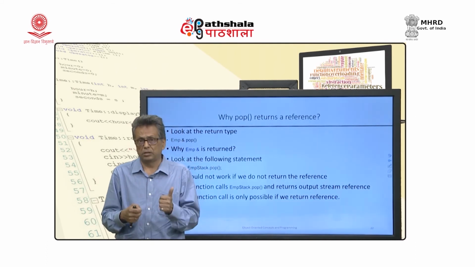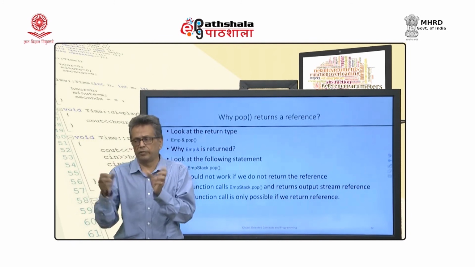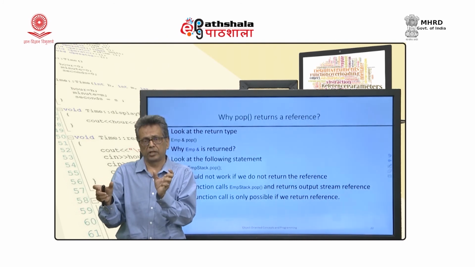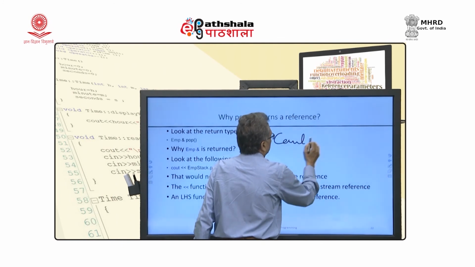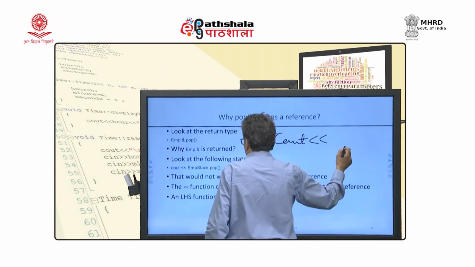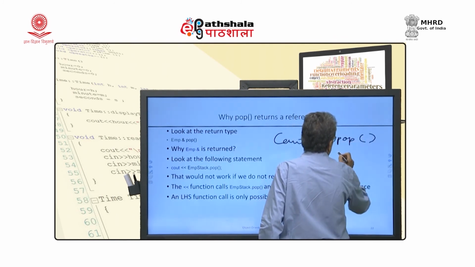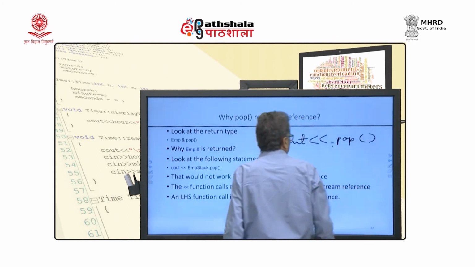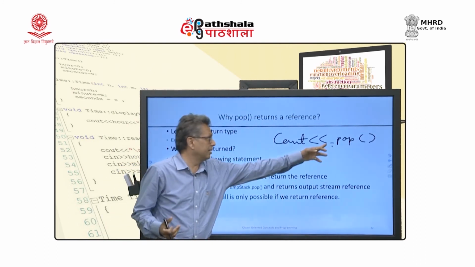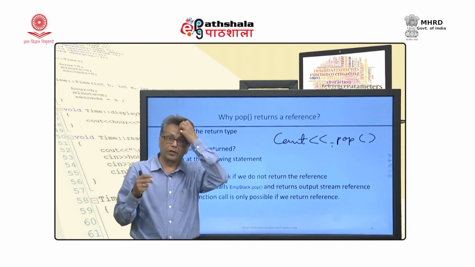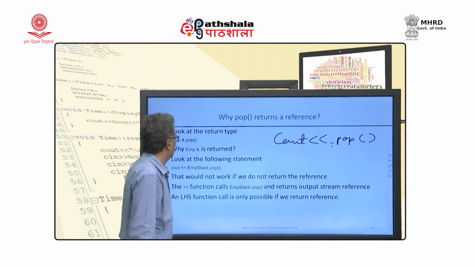Second thing, whenever you are using it, it can be used in a chain. Whenever a function's output is to be used by another function, in our case it is something like a cout statement with an employee pop. We are calling pop here, and this is returning a reference of that employee, which I am going to use.